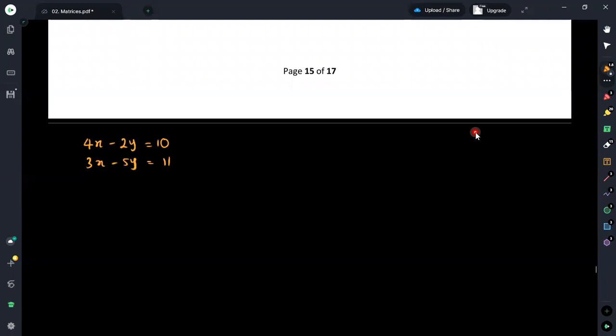When using Cramer's rule, first we need to convert the system of linear equations into matrix format.